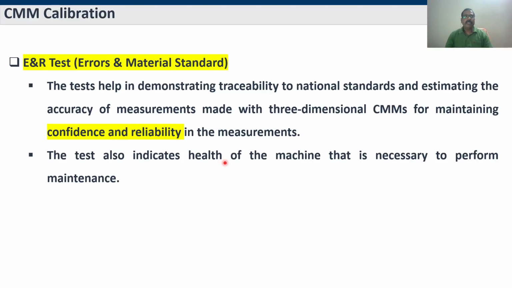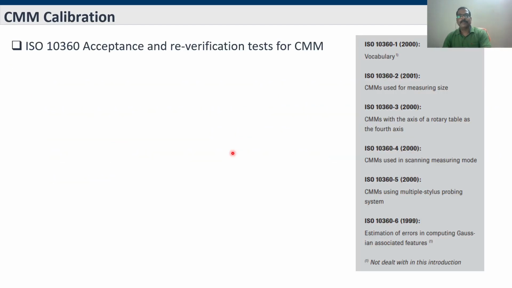No, definitely the life of the machine degrades with time. So you have to always ensure your machine is good and capable. You can't avoid wear and tear, environmental changes, and the life and properties of the materials used in that machine all degrade with time. So you have to ensure the health of the machine. You have to do the E and R test.